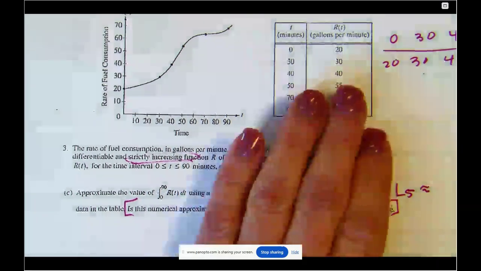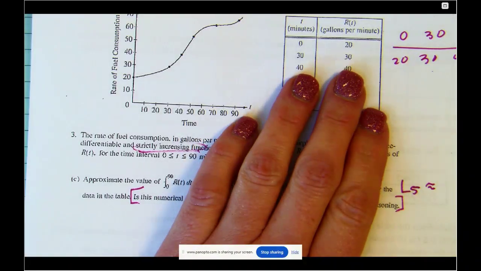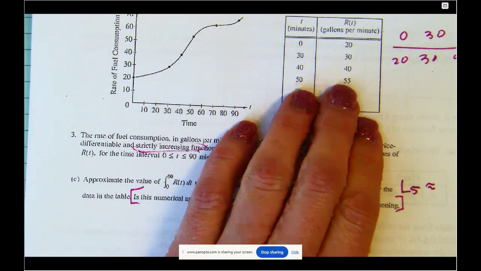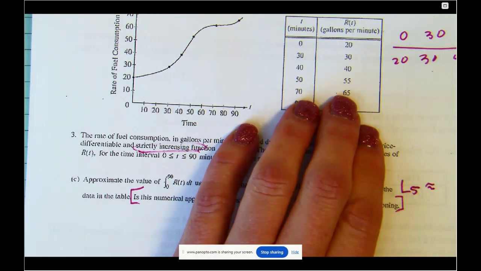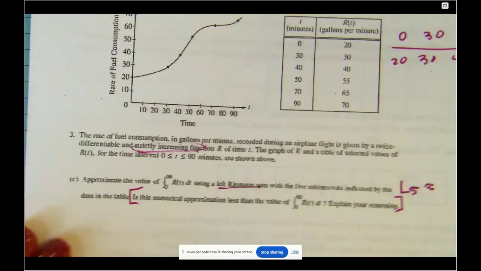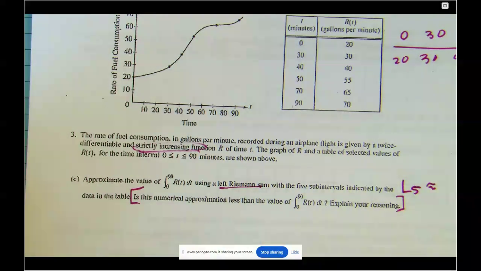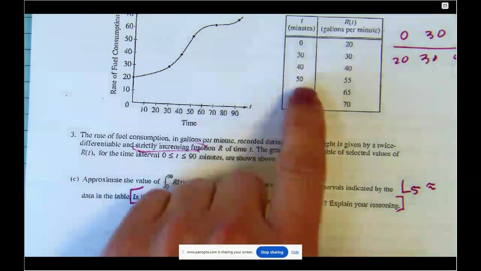What did you get? 3,700. 1,750. I got 5,300. What?